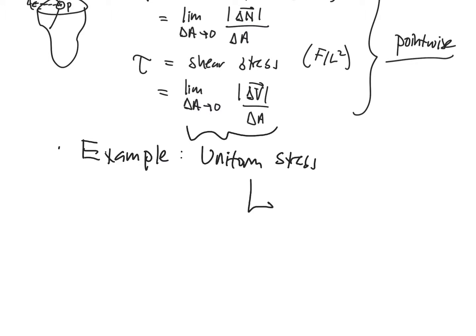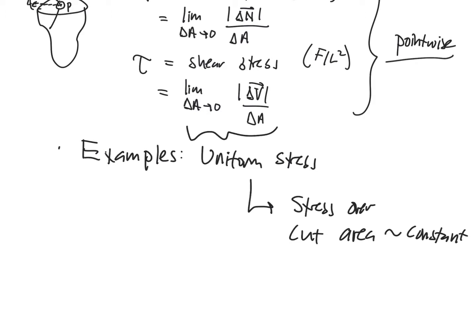And what that means is, and in fact I should say examples, because we're going to do one of each. The uniform stress basically means that the stress over our cut area doesn't change. So the stress over the cut area is basically uniform or constant.